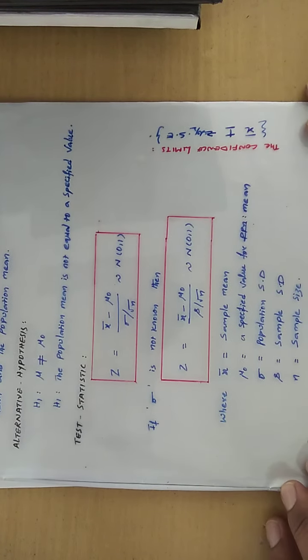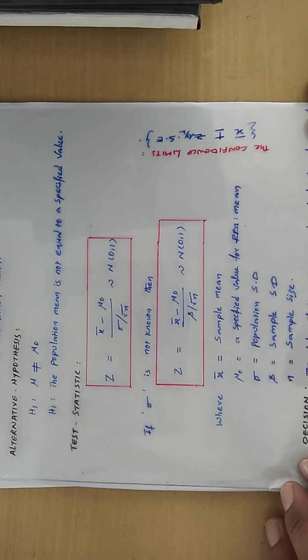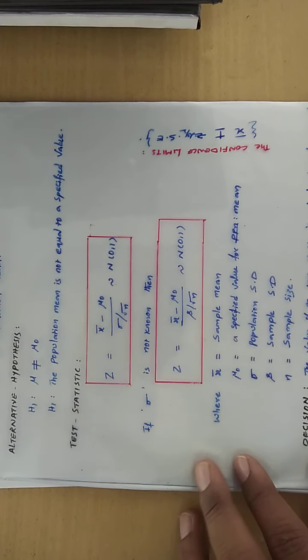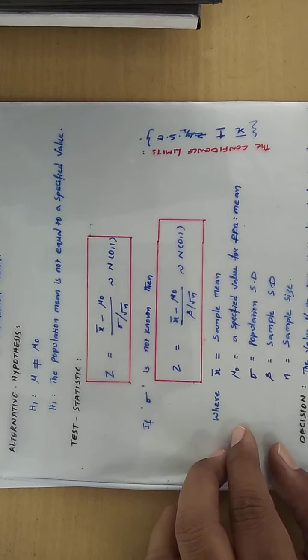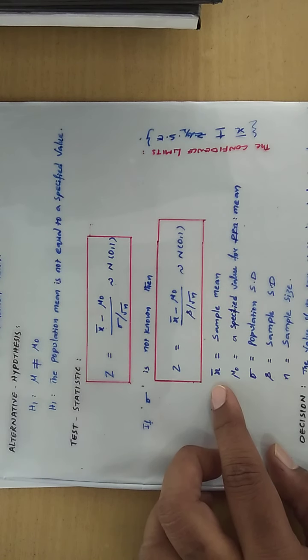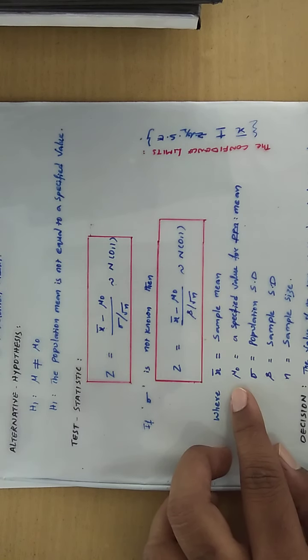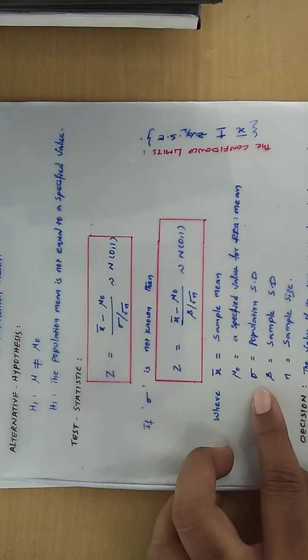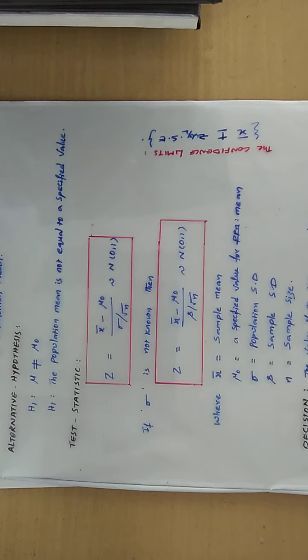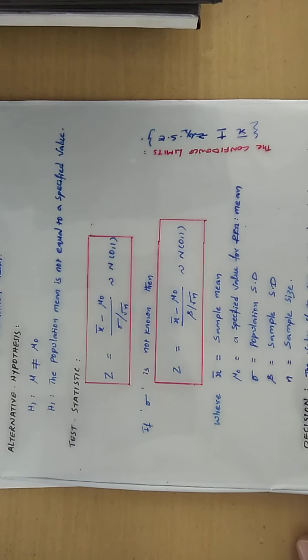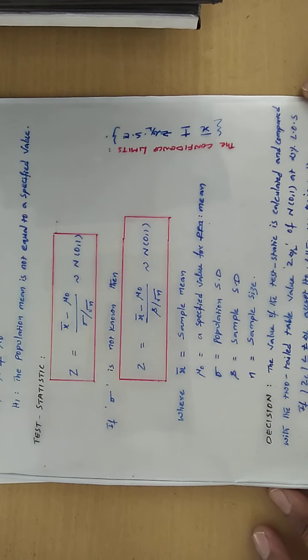Now what are the meanings of the various notations we have used here? x bar stands for sample mean, mu naught the specified value of the population mean, sigma the population standard deviation, s the sample standard deviation, n the sample size.